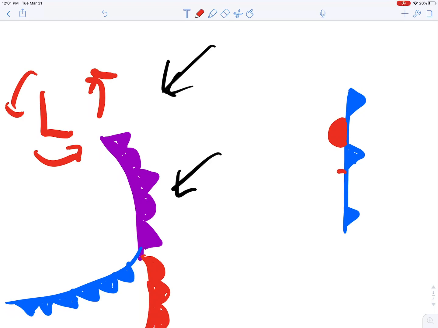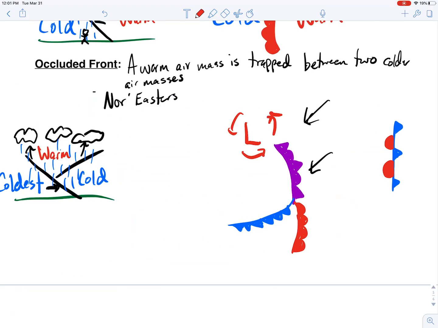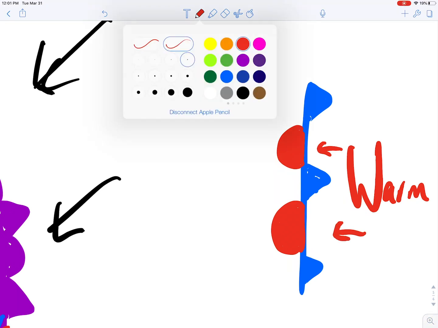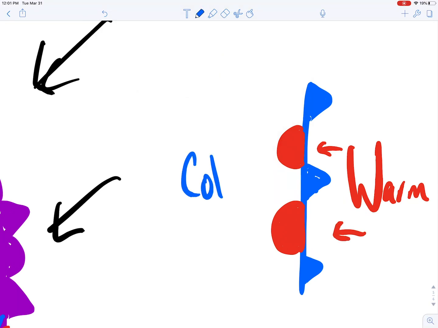On the other side of the line we would have our red circles like this. And if I quickly look at that symbol, I know that the warm air is here and it's pushing this way, and I know that there is cold air here that must be pushing this way, and neither one is winning. We use that symbol to show that neither one is really winning the battle.